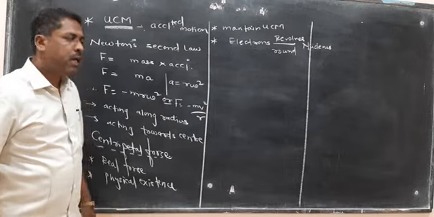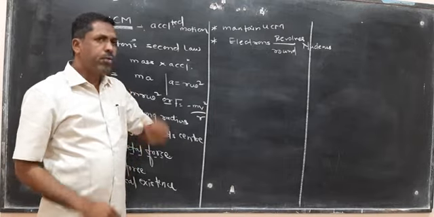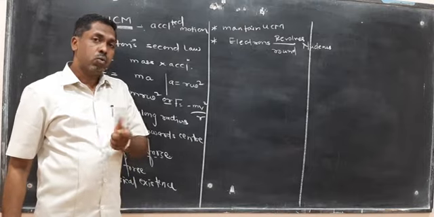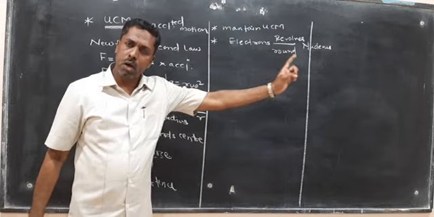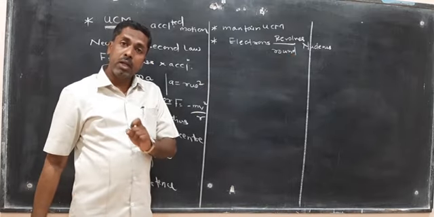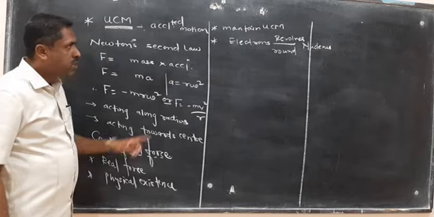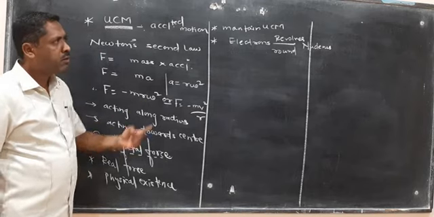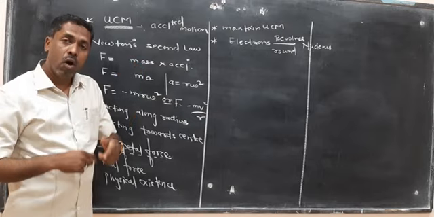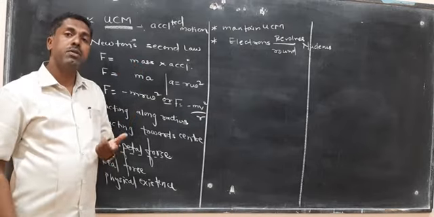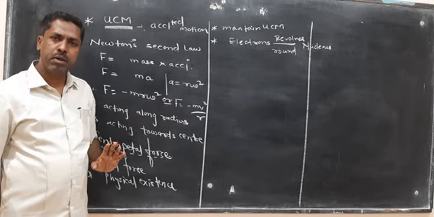We are well familiar with this. So what is happening here? Whenever electrons revolve around the nucleus of an atom, the negatively charged electrons revolve around the positively charged nucleus. The best example of centripetal force.